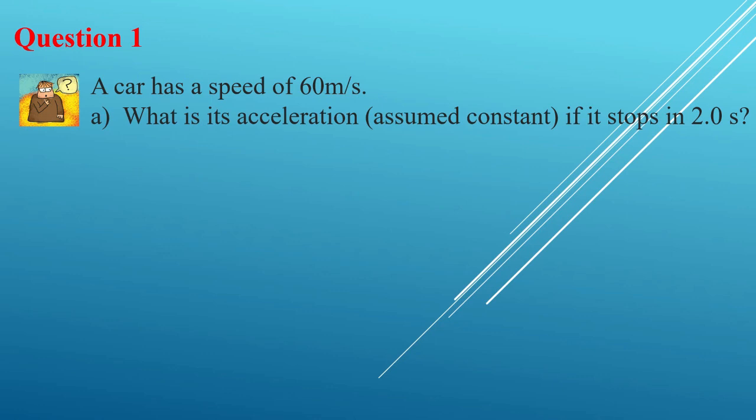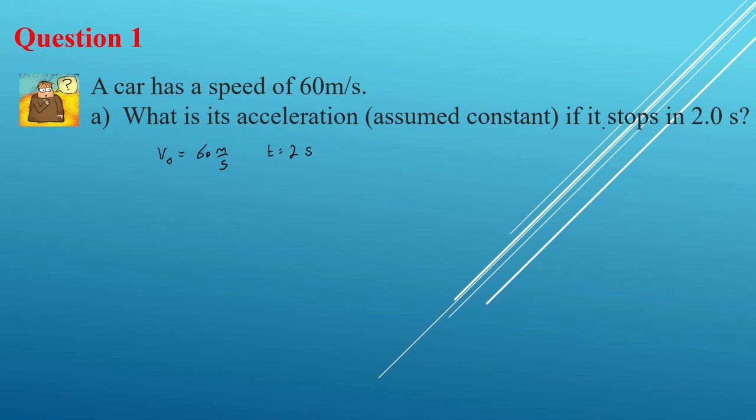So here I have a car with a speed of 60 meters per second, right? So that says I have the car with a velocity of 60 meters per second, right? And it says what's going to be the acceleration if it stops in 2 seconds, right? So my time also is 2 seconds, right?